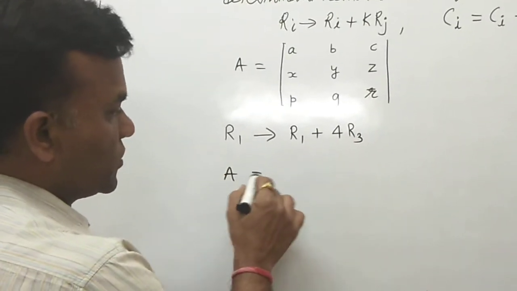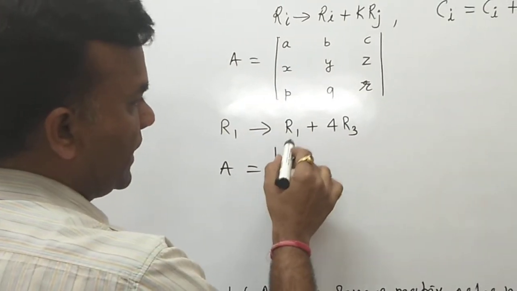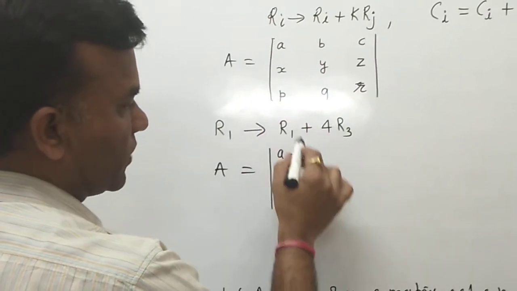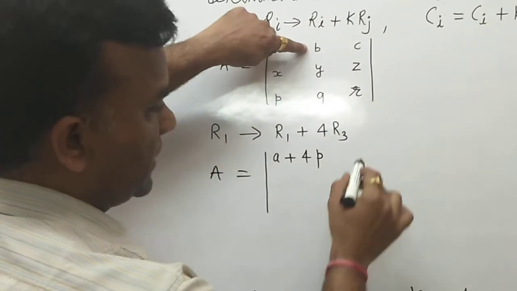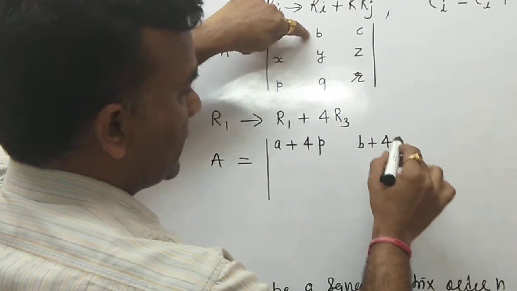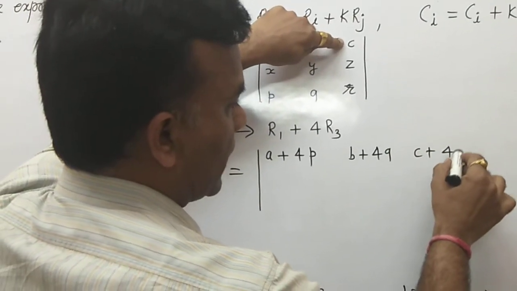So what are the changes? R1 becomes A plus 4 times P, so 4P. Similarly, B plus 4Q, and then C plus 4R.